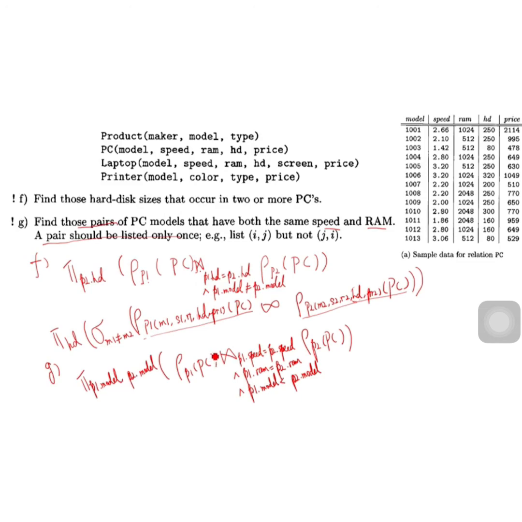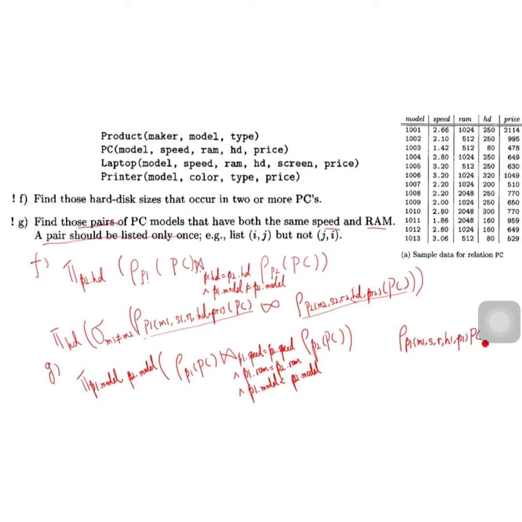Okay, this is theta join, and we can also use natural join here. If we use natural join, we can write the expression like this. Okay, rho P1, and because we want the same speed and same RAM, we'll rename other attributes: M1, speed just as S, R, H1, P1.